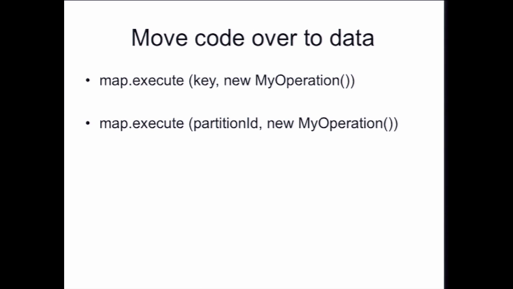A very common thing: if you have a cache, keys are distributed. So you look for the API that has similar semantics, like execute something on the key. These are optimized. Why?